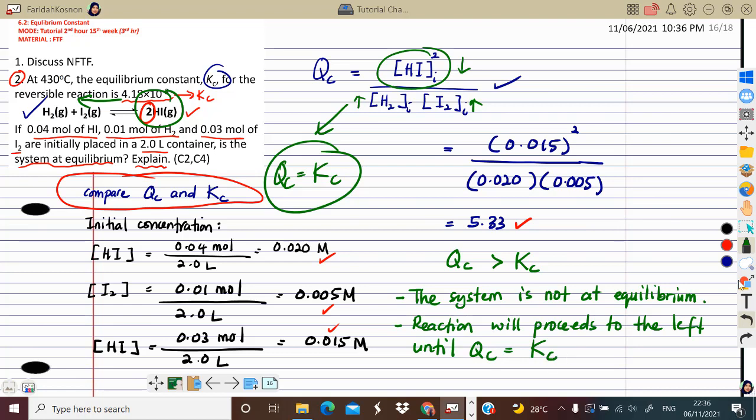Apa maksud QC equals to KC? Sampai the system reach the equilibrium. Jadi untuk menjawab soalan sebegini, semua yang saya tunjukkan ni perlu ditunjukkan sebagai jalan kerja lah. Okay, tapi walaupun final exam itu adalah soalan bentuknya objektif, maksudnya you kena ada kemahiran nak jawab soalan-soalan yang dijadikan objektif tu. Okay, so now let's continue with the next question.